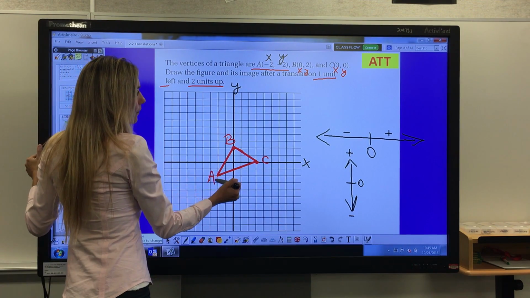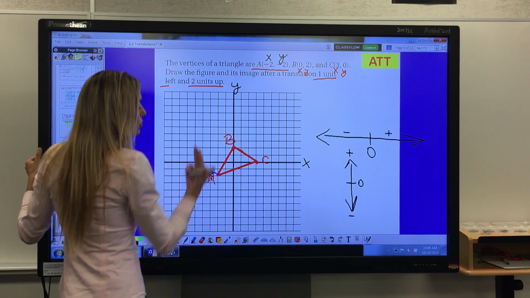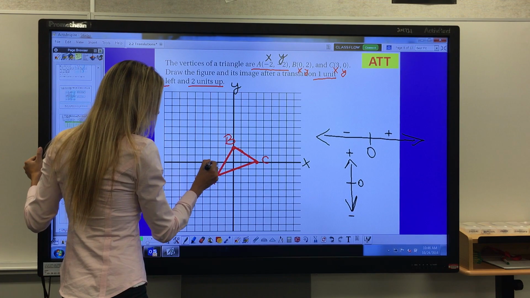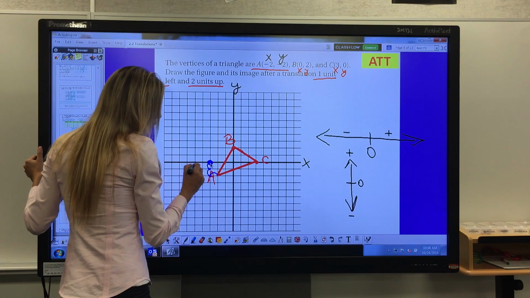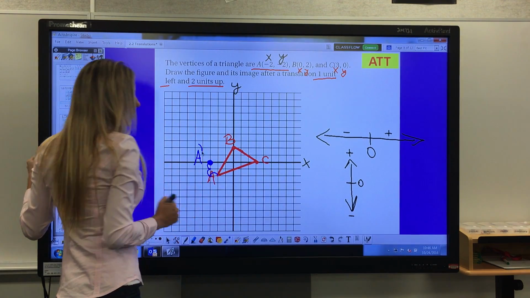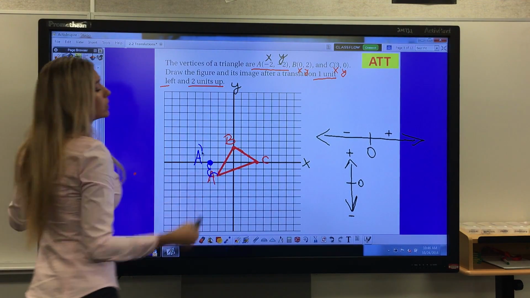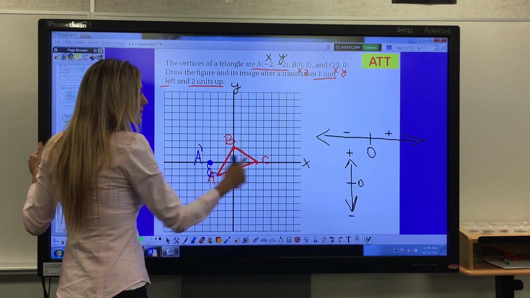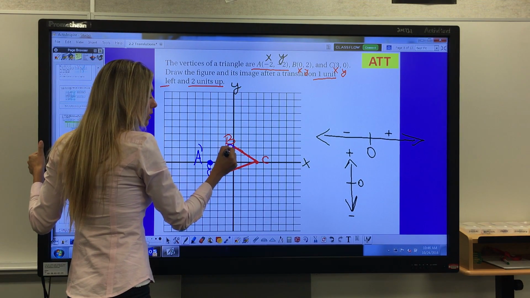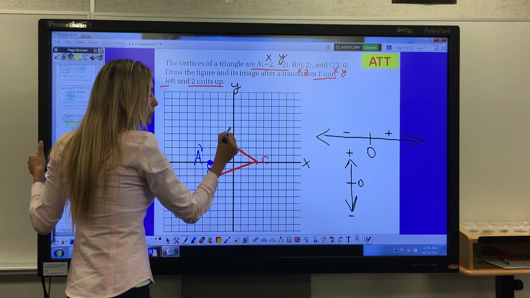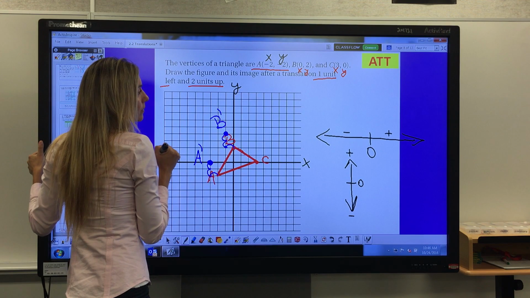Let's start with point A. 1 unit left, and then 2 units up, 1 and 2. My point A is right in here now, and we're going to call it A prime because that is after the movement. That's why we put an A prime, so we know it's the new one. B, same thing: 1 unit left, 2 units up. There's my B prime.